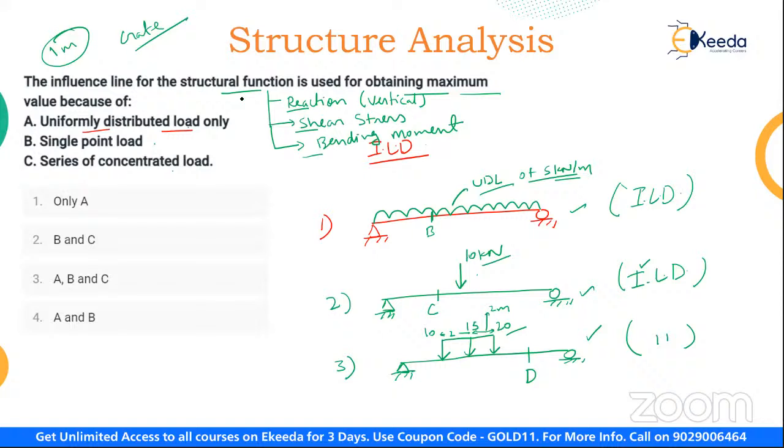So we can always calculate the maximum value for either uniformly distributed load, single point load, or series of concentrated load. So in all these three cases, we can determine. So the correct option is what? Option 3, that is A, B and C. So if anybody has any doubts, kindly let me know guys.